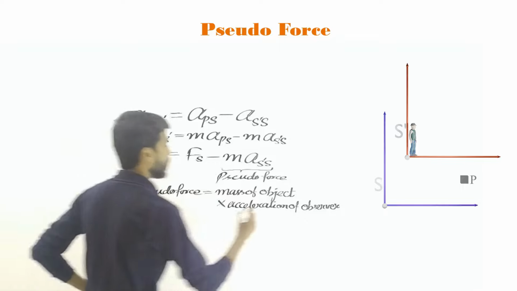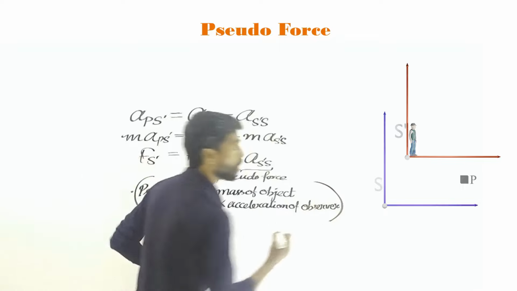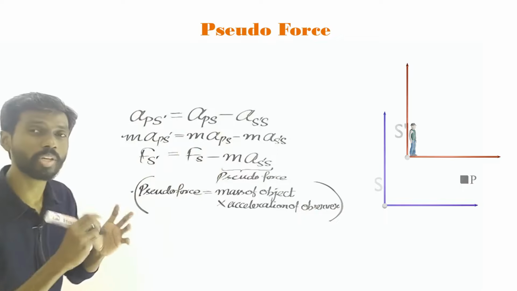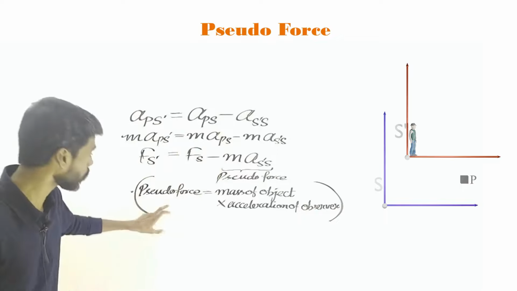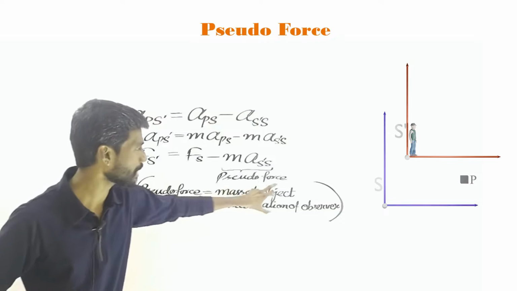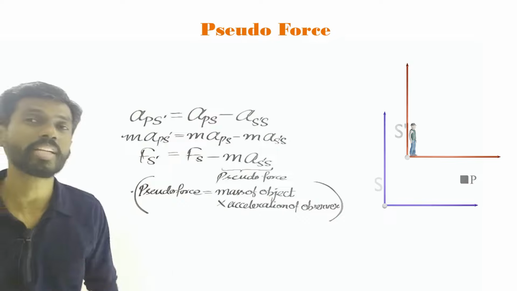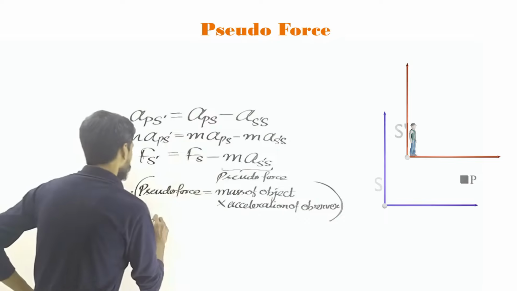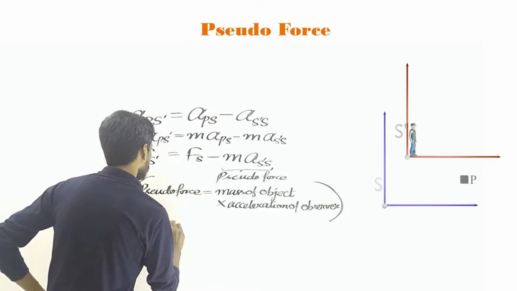Whenever the observer is not in an inertial frame of reference, the observer himself is accelerating, so you have to use this extra force called pseudo force, which has the formula: mass of the object multiplied by the acceleration of the observer. But what is the direction of this pseudo force?